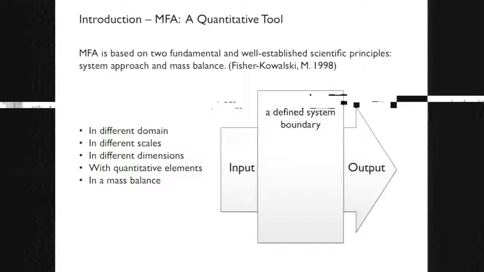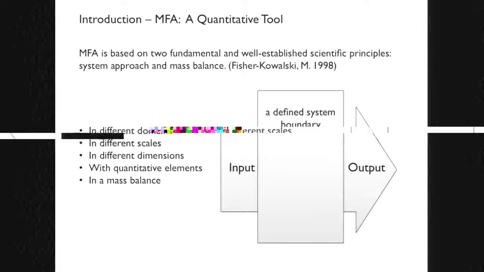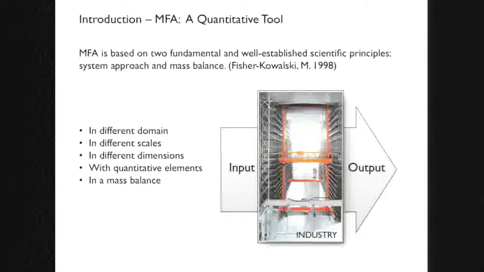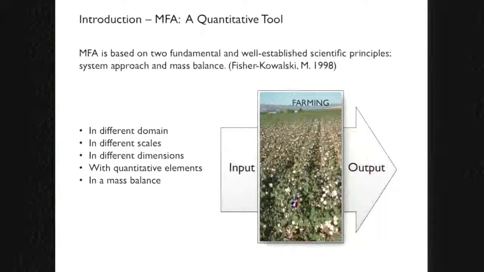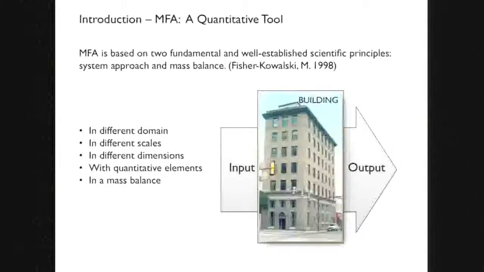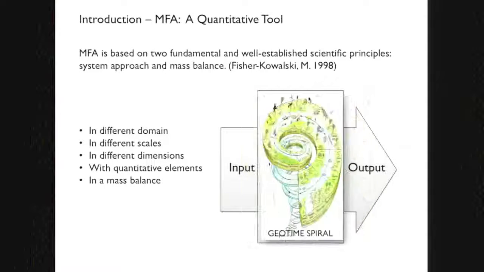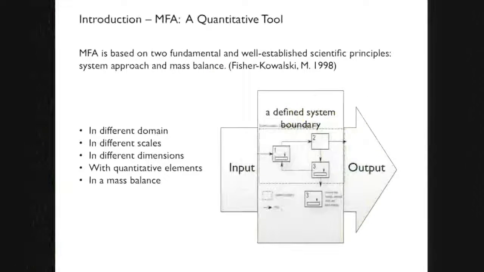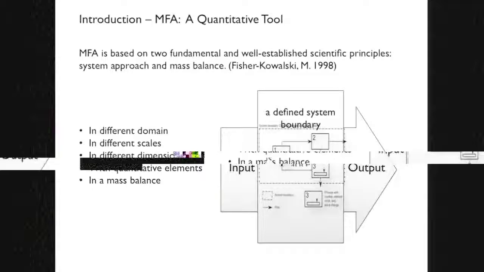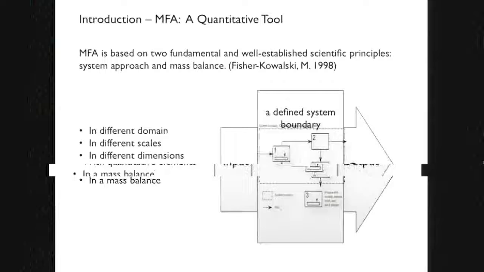And a deeper introduction, I will go quickly, is about this method. It can be used in different domains, such as industry, marketing, and farming, and at different scales: building scale, city scale, and state scale, in different dimensions. This is geo information, and of course, with quantitative elements to evaluate the mass balance.